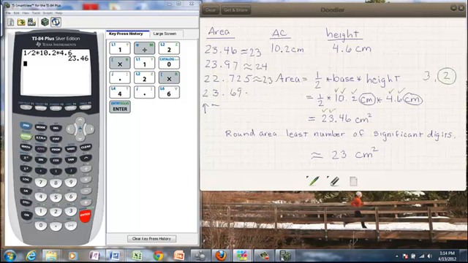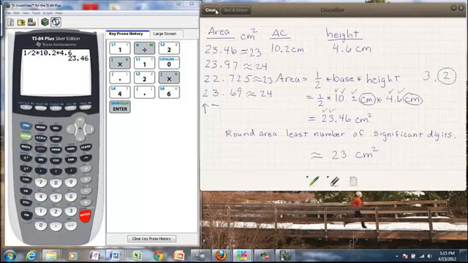And 23.69 would round to 24. Now each one of these should also be in terms of centimeters squared for units. But you do notice that these numbers now only disagree in the last place that I've written down instead of all these other places. So that's where our rules come from.